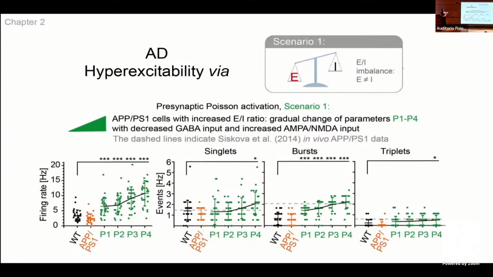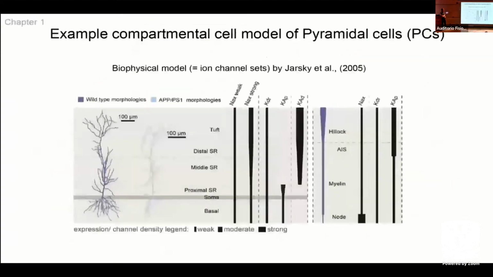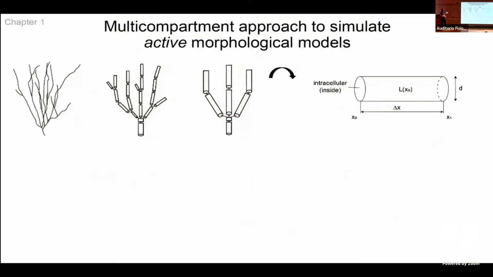Yes, inside the compartment, it's not true. I can here try to make these compartments smaller and smaller to get close to a continuous case, but obviously I cannot. It's not possible.